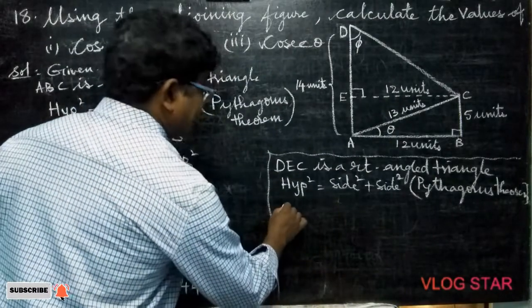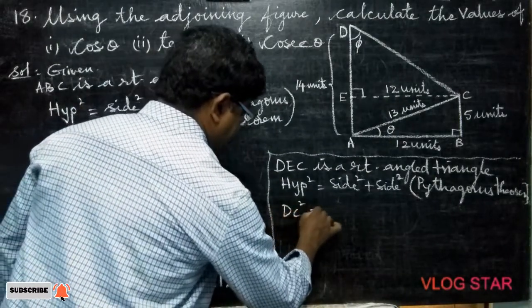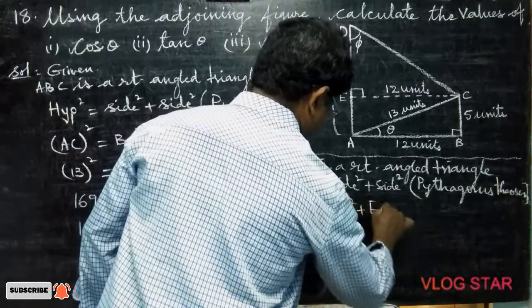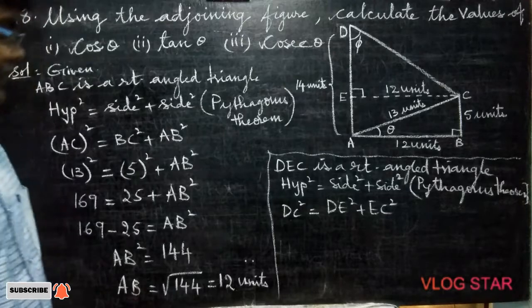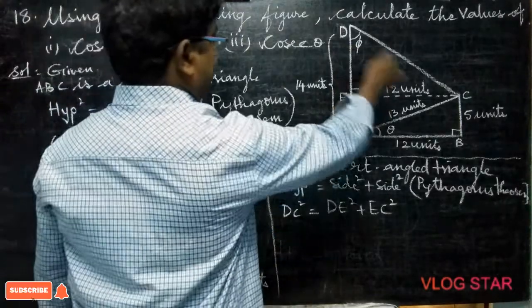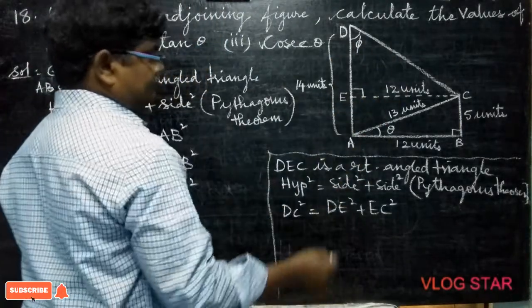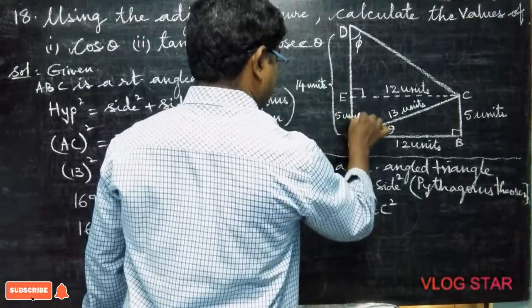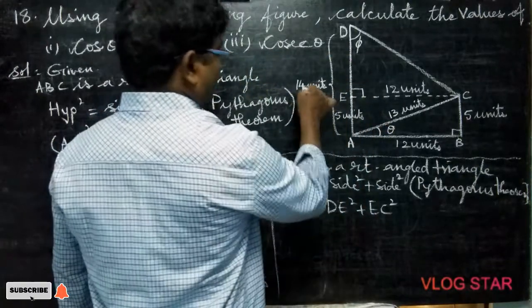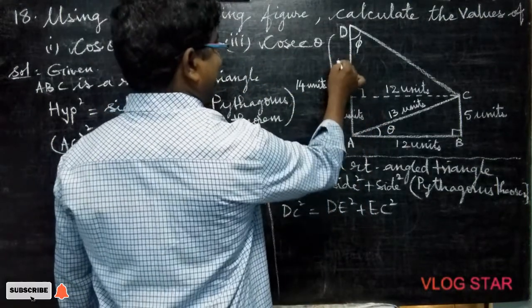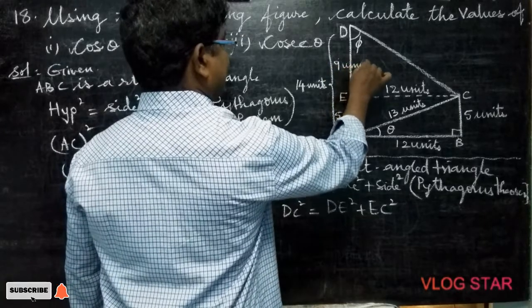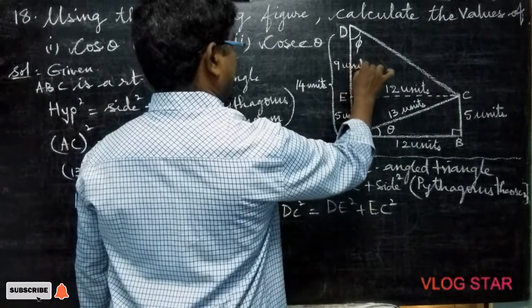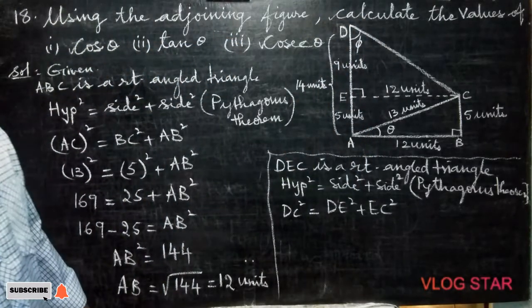Now DC square is equal to DE square plus EC square. All of you see here. DC we don't know, DE we don't know. Here 5 units, here also 5. 14 minus 5 is here 9 units. So 9 units, keep in mind.